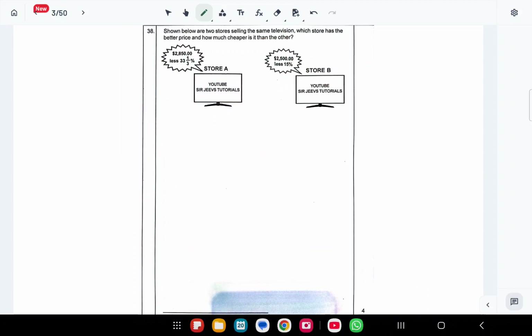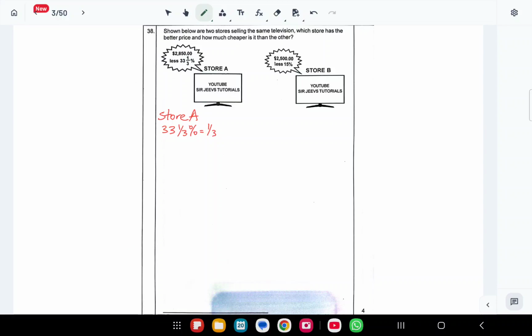So let's look at store A. We know the cost price is $2,850, and the discount that was given is 33.3%. So 33.3% as a fraction, we know, is 1/3. 33.3% is equal to 1/3.